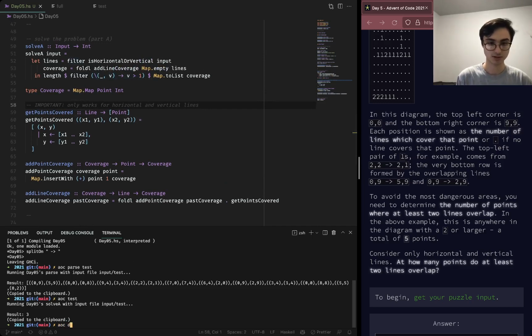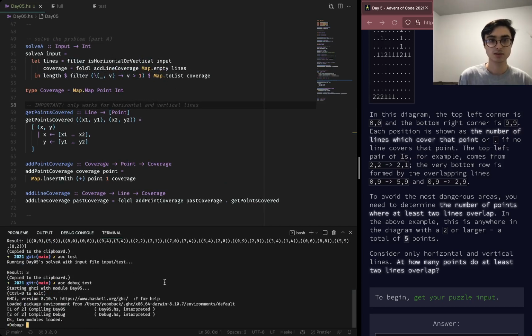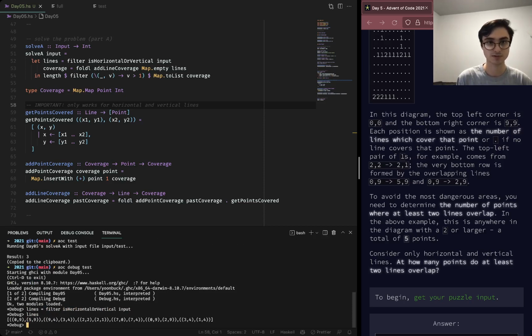So let's see. AOC debug test. Let's get our horizontal or vertical input. So those are our lines that are horizontal or vertical. Let's do add line coverage, Map.empty, lines.